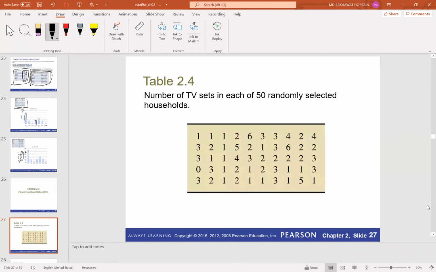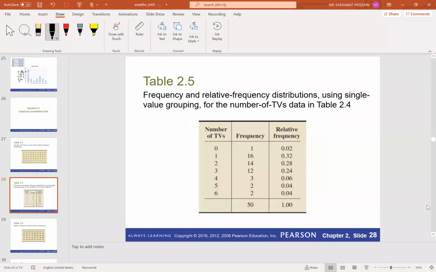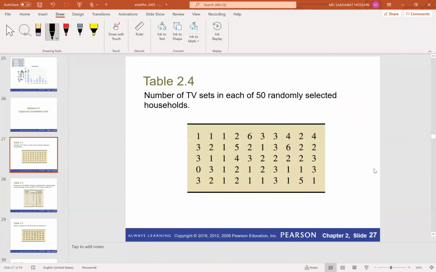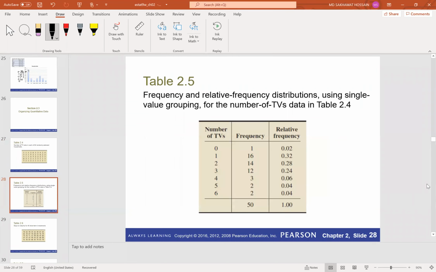Now we'll discuss how to represent or organize this discrete data. We can use frequency and relative frequency distribution using single value grouping for the number of TV sets. For qualitative data, we have distinct responses and corresponding frequencies, and here we also have distinct responses and corresponding frequencies.